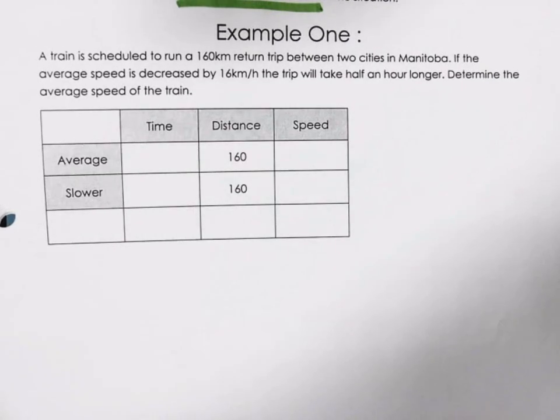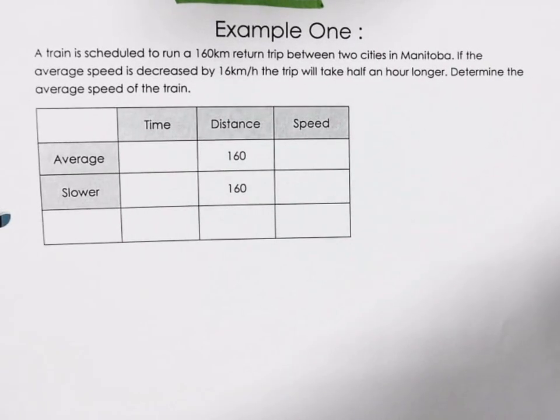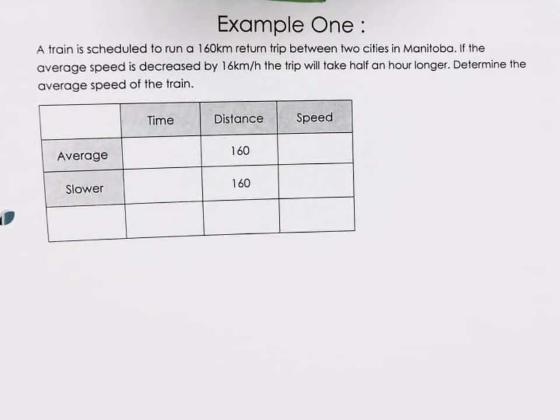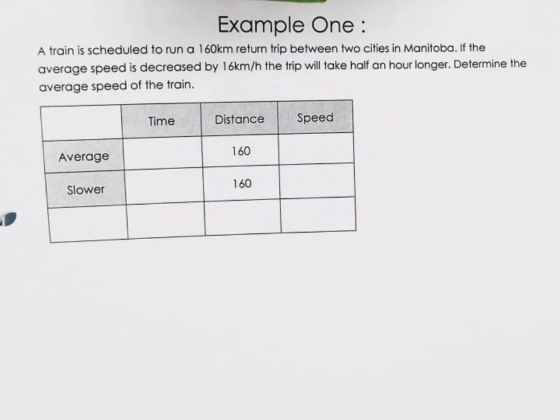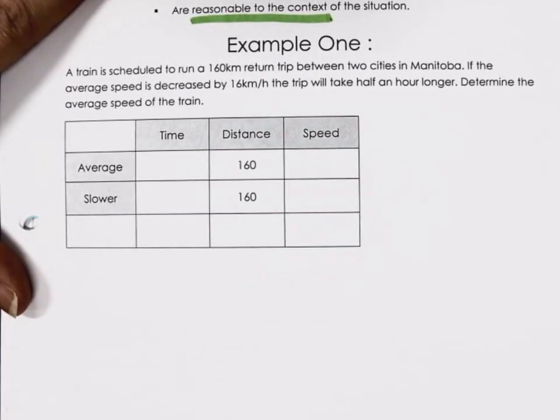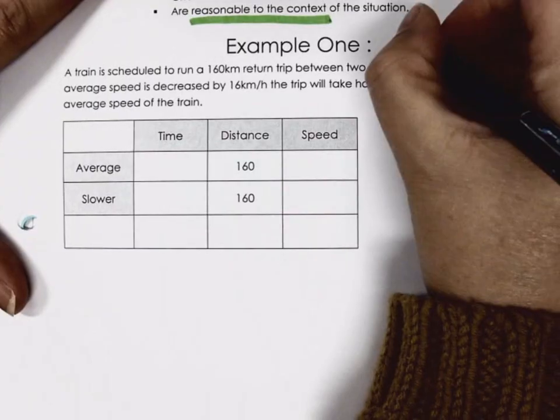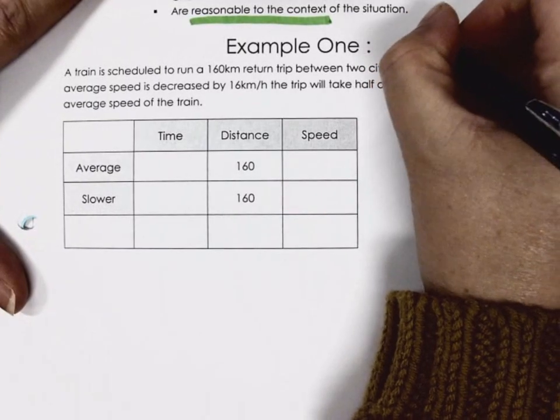One thing you need to know is the formula for velocity or speed. What's the speed formula? V equals d over t. We're not going to use velocity because we're not worried about direction. We're going to use speed. So you need to know this.